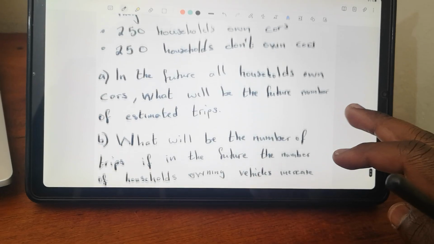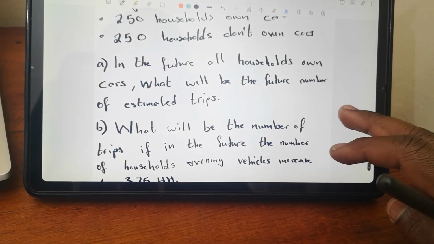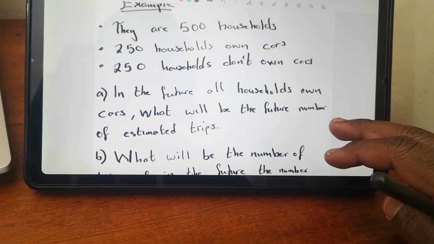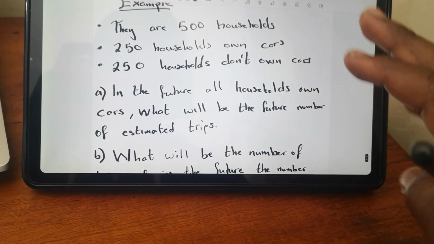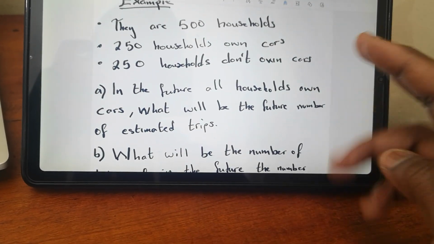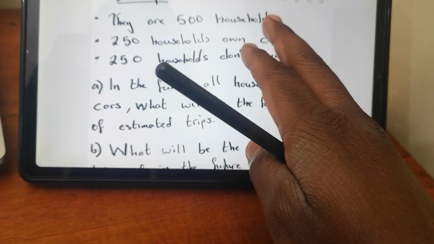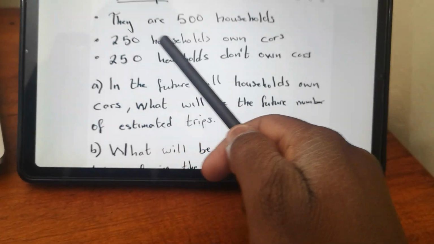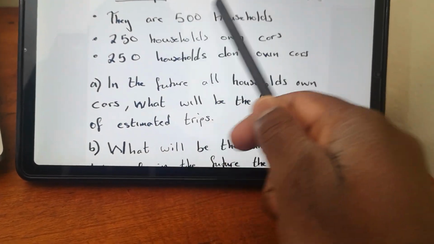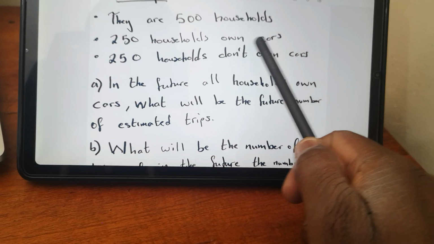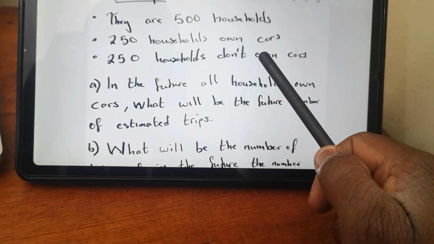I know there are a lot of videos on the first set of questions, whereby the number of trips increases. In this case, 500 households, and 250 of these households own cars, 250 don't own cars.